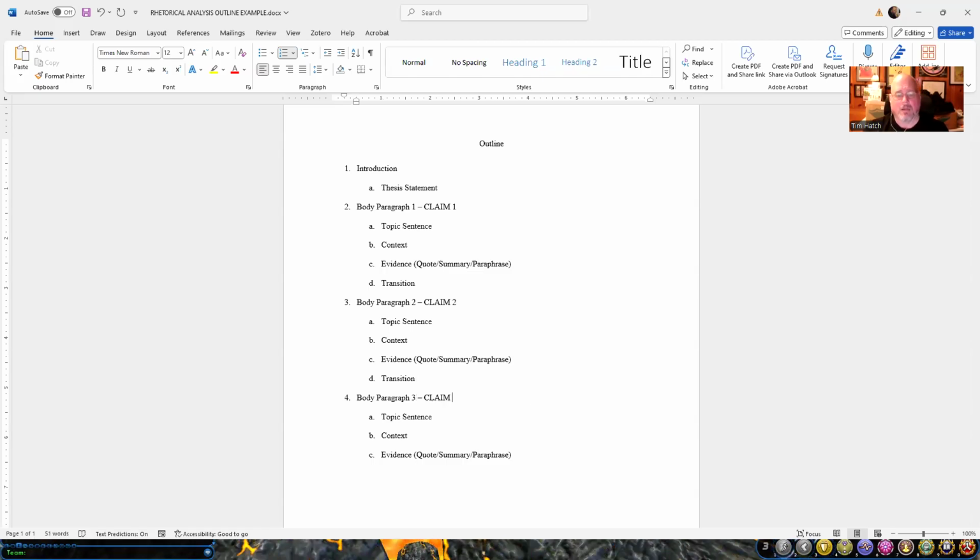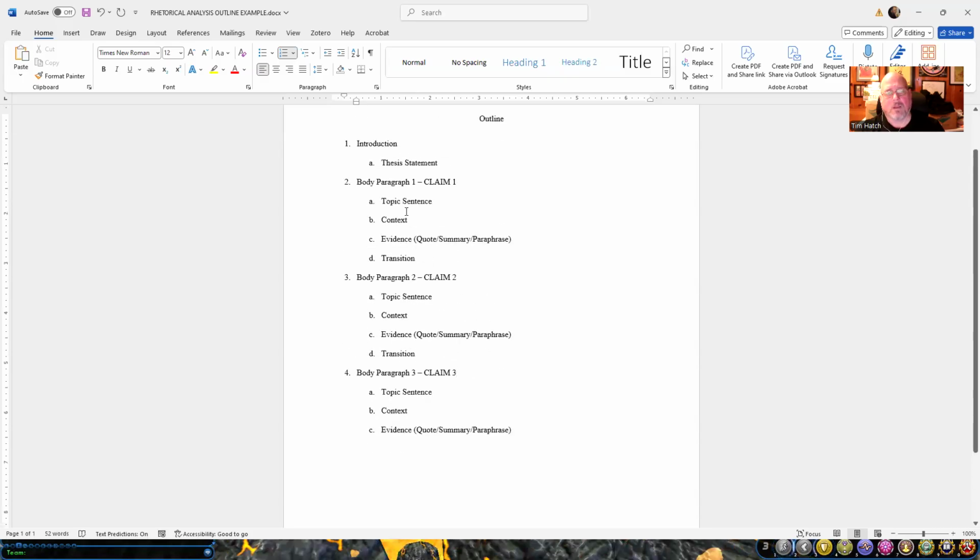So you don't need to be talking about claim 1 in any body paragraph except body paragraph 1. You're going to introduce it, you're going to discuss it, provide the quote, give a little analysis, transition away into the next claim. And then we're going to actually come up with a thesis statement afterward. In the meantime, though, claim 1.